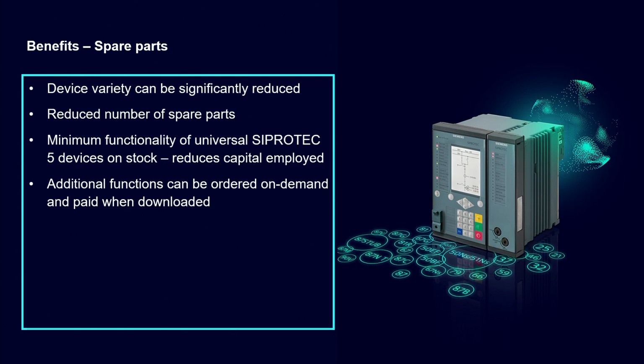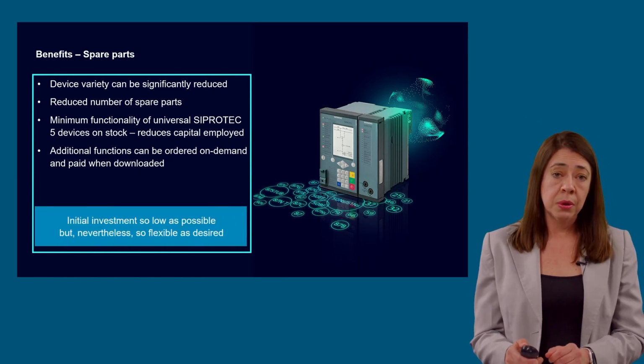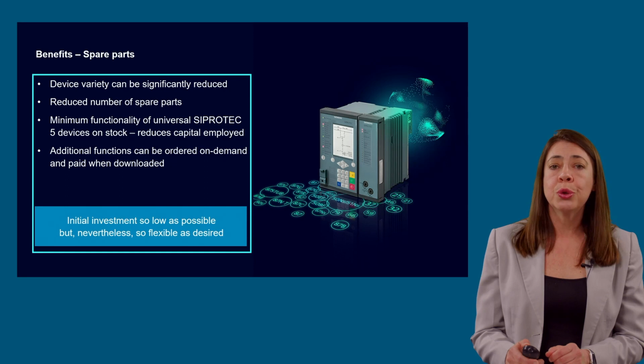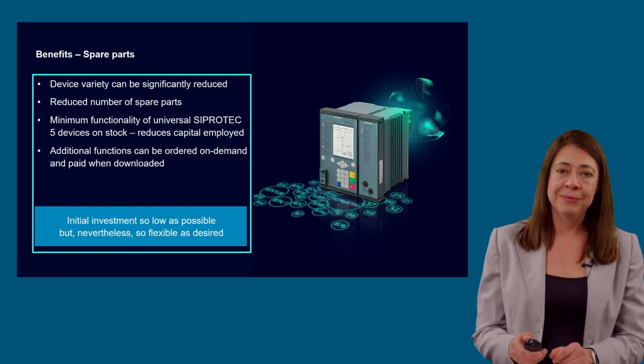However, you are ready to start as additional functions can be ordered on demand and paid when downloaded. Initial investment as low as possible, but nevertheless as flexible as desired. I'll elaborate on that in the next chapter.